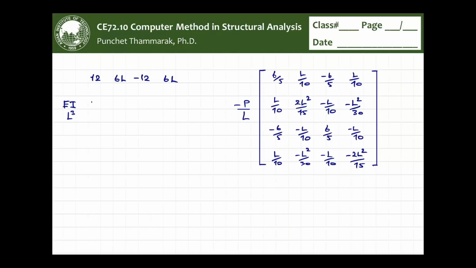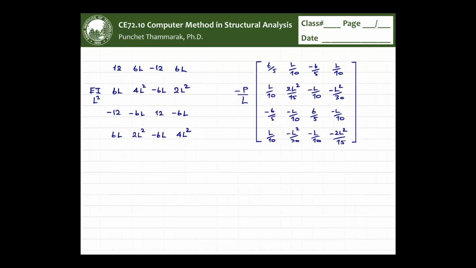The second line, 6L, 4L square, minus 6L, and 2L square. Minus 12, minus 6L, plus 12, and minus 6L. 6L, 2L square, and minus 6L, and 4L square. Arrange this a little bit.